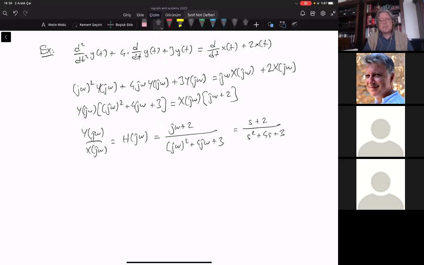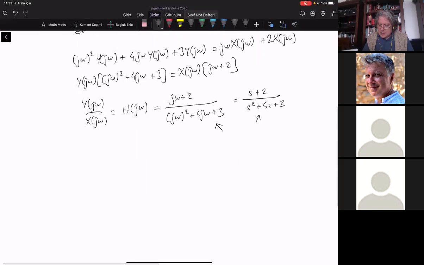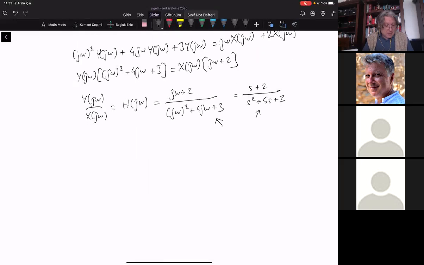Now, this is in a form which we are not familiar with. We don't have this kind of Fourier transform this way or this way, whatever. s is equal to jω. I'm just trying to write it in a short manner. It's not in a familiar form, so we have to put it in a familiar form. For that, I should better find the roots of the denominator polynomial, (jω)² + 4jω + 3.